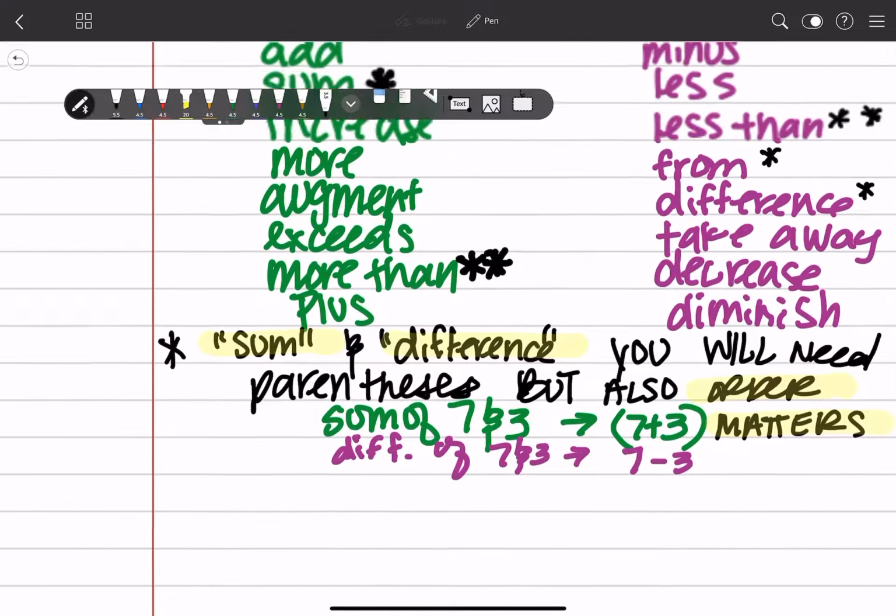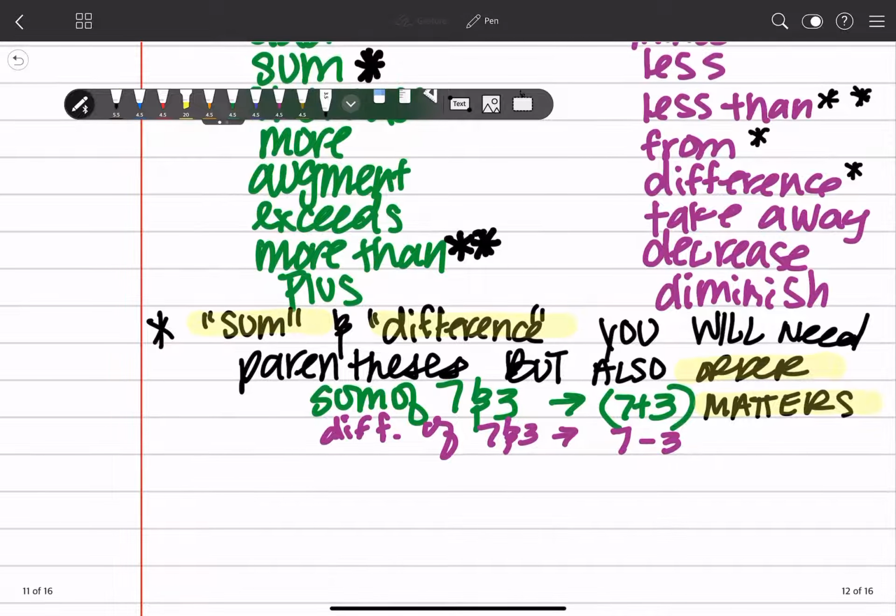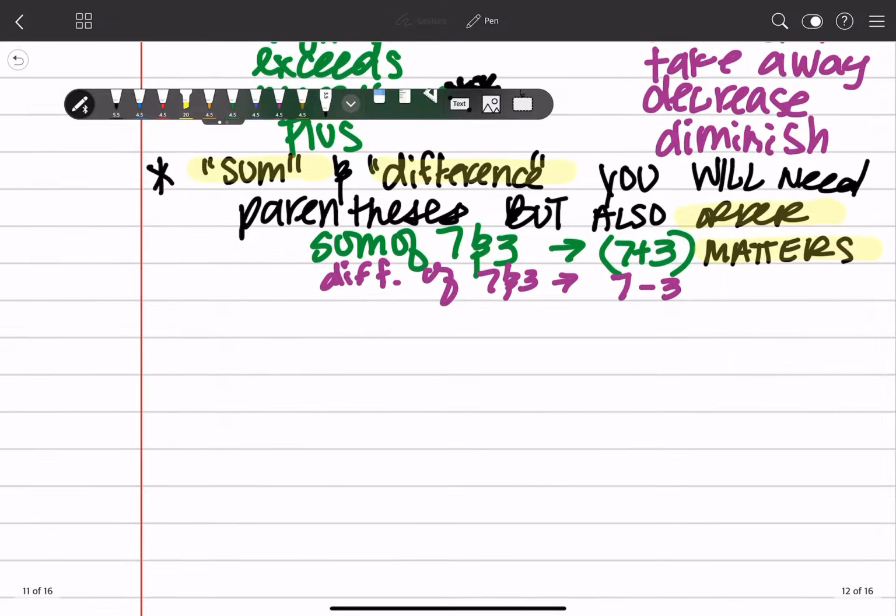Now, we also have the double stars right here for less than and more than. When you see this word than, it means you flip. I don't care if you're adding, I don't care if it's subtracting. When you see that word than, you flip.